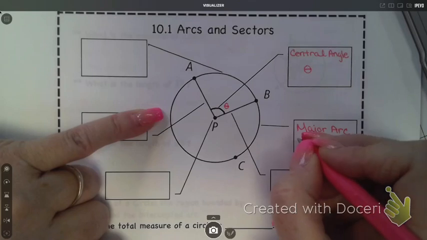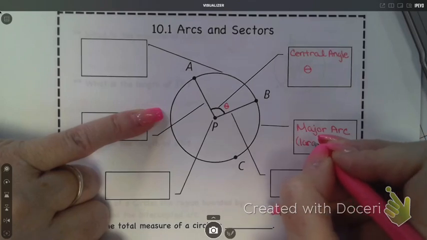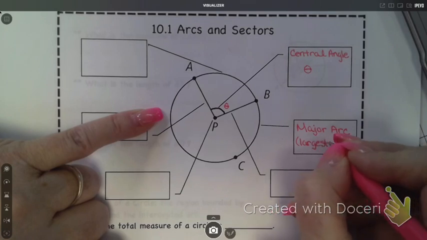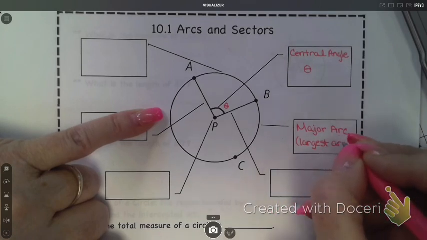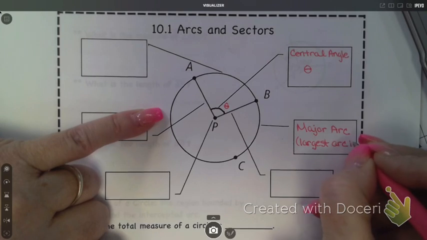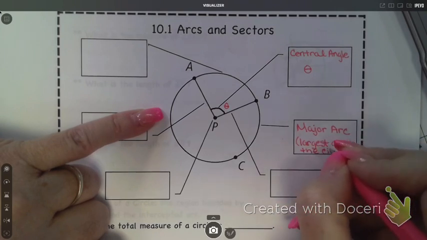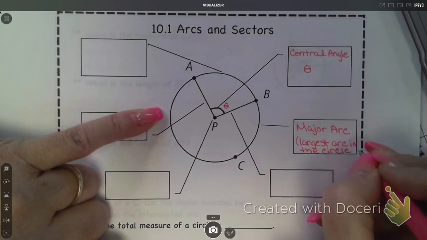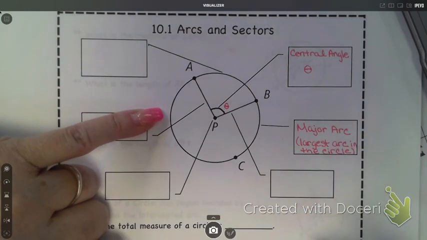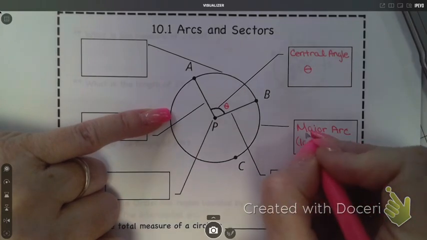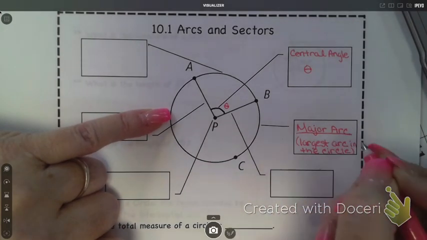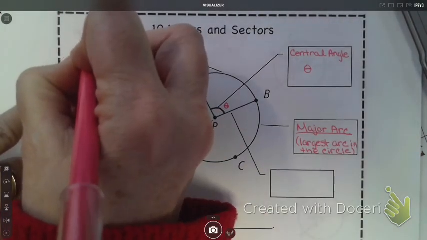And the major arc is the largest arc in the circle. And so if this is the major arc, guess what the other one's called? Minor arc.